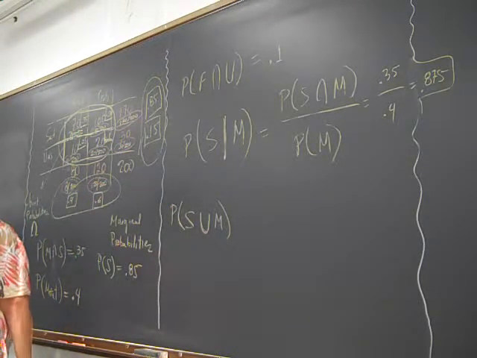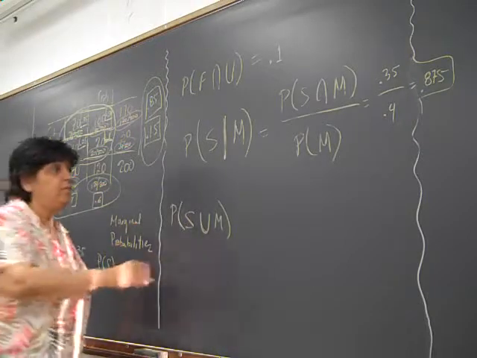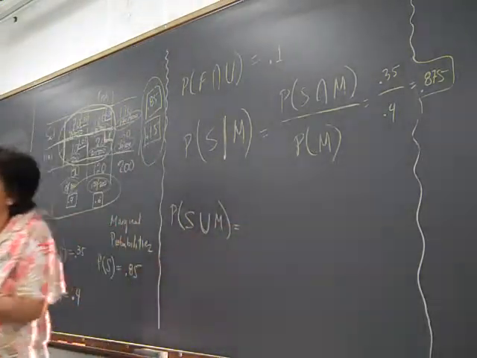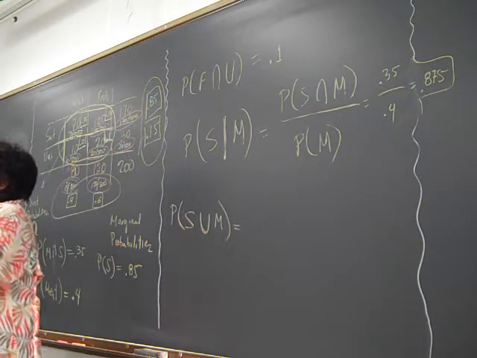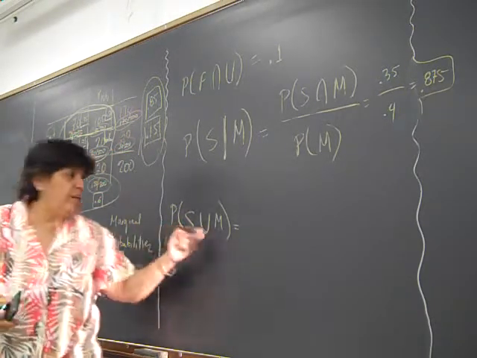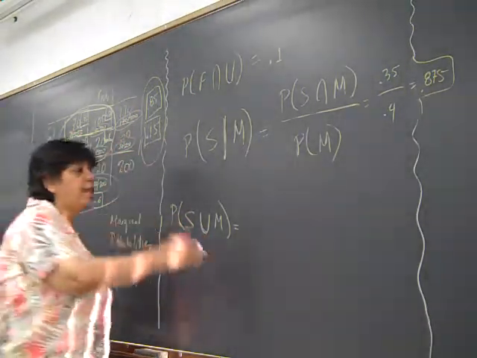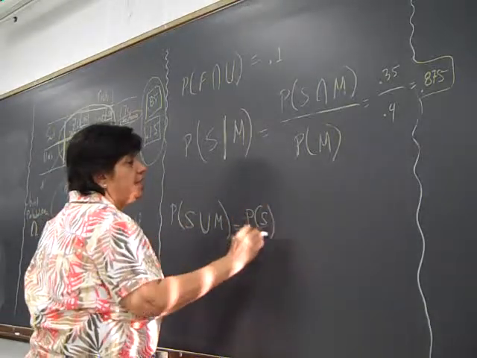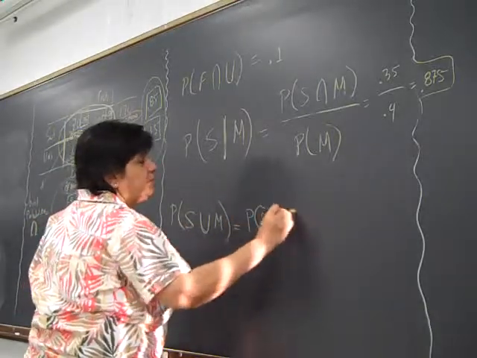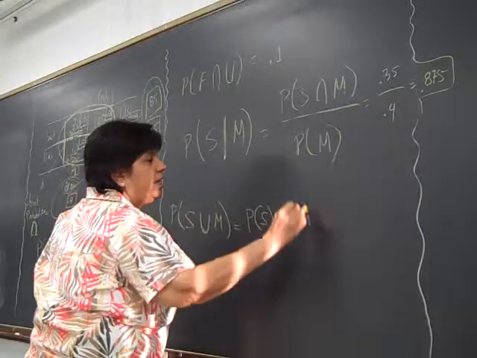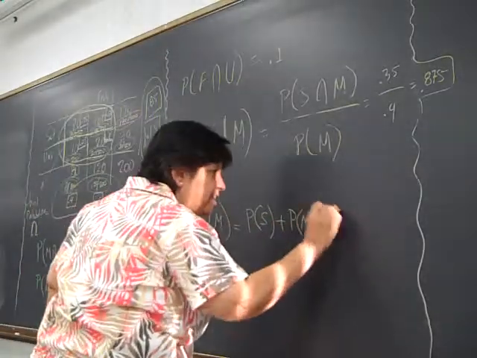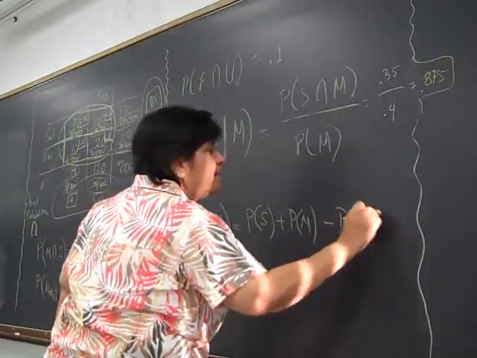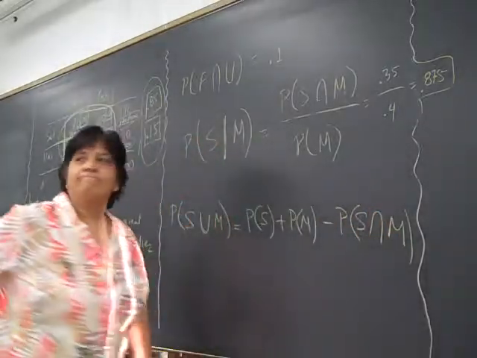It's not in the book, but I'm going to tell you. In this case, you're going to use what? The addition rule. Whenever you see a union, you use the addition rule, and that is equal to the probability that is satisfied plus the probability that he or she eats meat, minus the probability that is satisfied and meat.